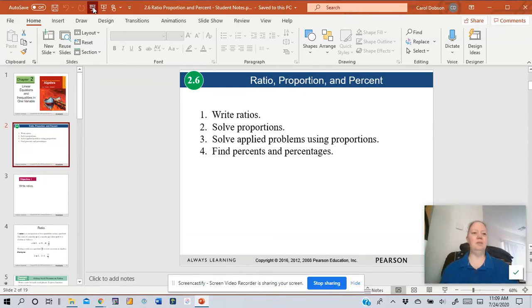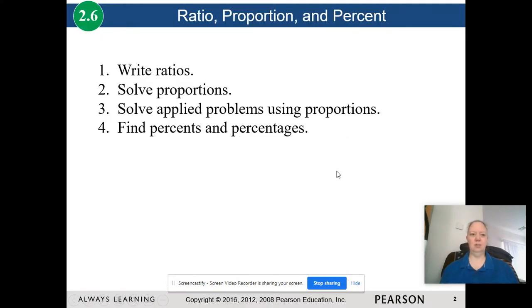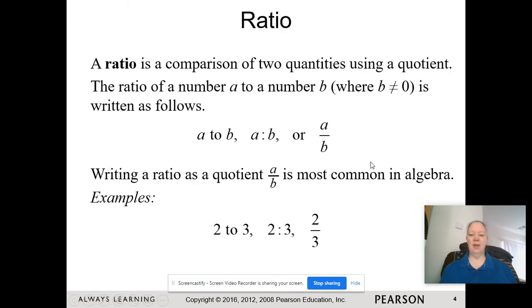All right, let's take a look at section 2.6, ratio, proportion, and percent. As a reminder, a ratio we can write different ways. We can use the word to, A to B. We can use the colon, A:B, and we read that as A to B. Or we can write it as a fraction.